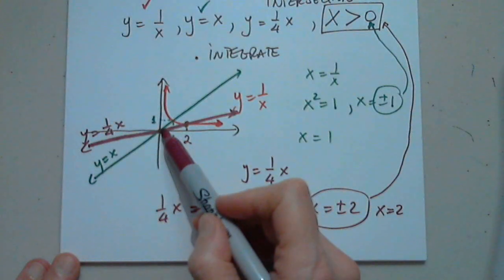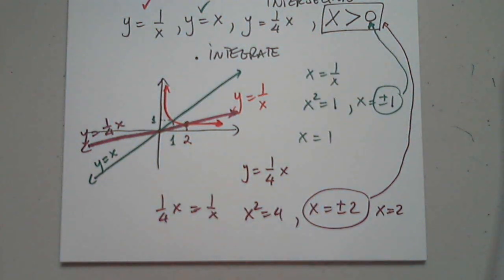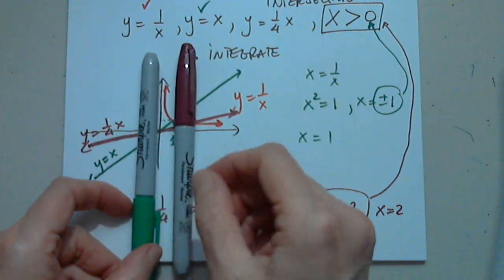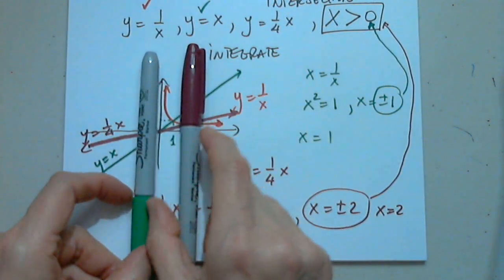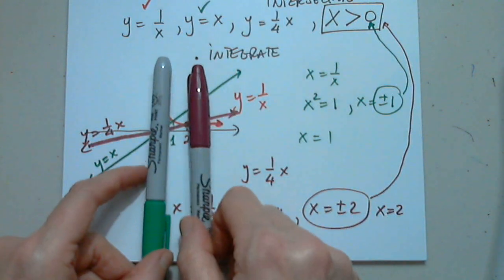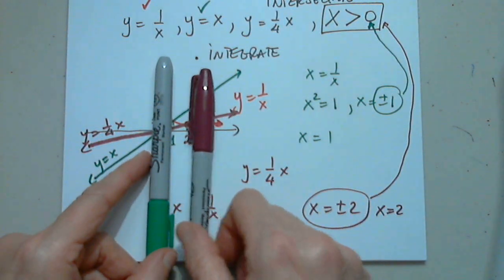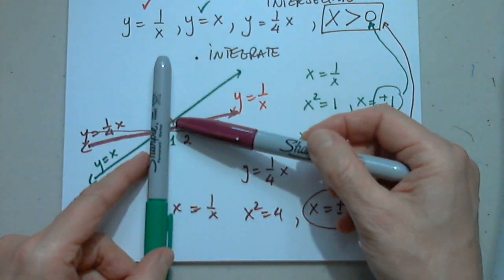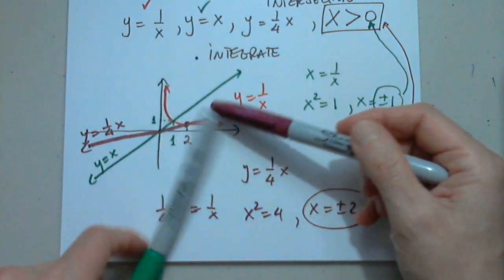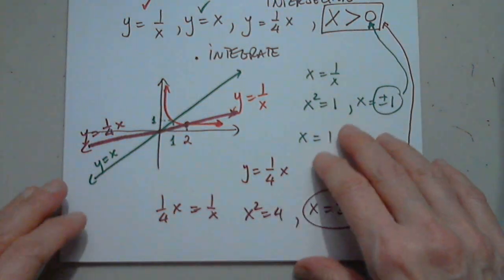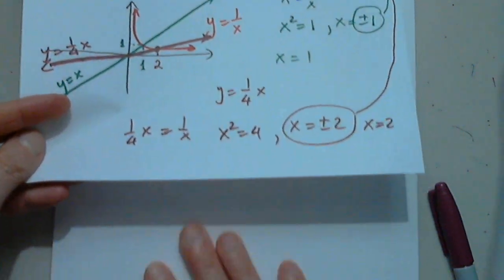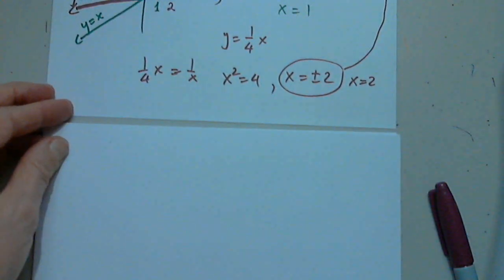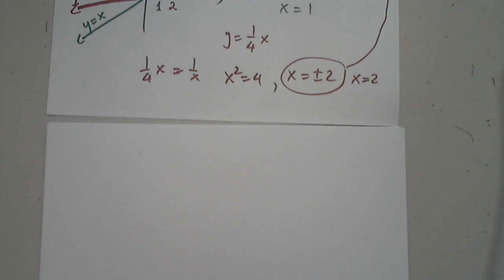What is the area in question? Right here. However, you notice that between 0 and 1, the area is found between green and purple, or brown, whatever this is. And the second half, so to speak, between 1 and 2, is between the red and the purple. So in order to determine this area among these three graphs, I have to calculate two definite integrals.